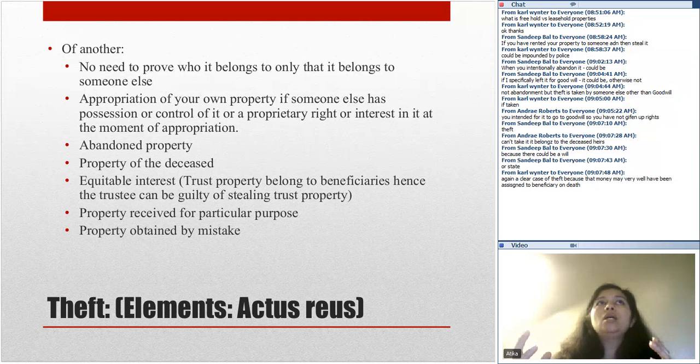Your estate can be your money, your real property, and if you don't have a lawyer or a beneficiary or the trustee of that property, so to speak, not in the real trust though, then the government or the state comes out and takes care of the property and distributes it between the heirs appropriately.